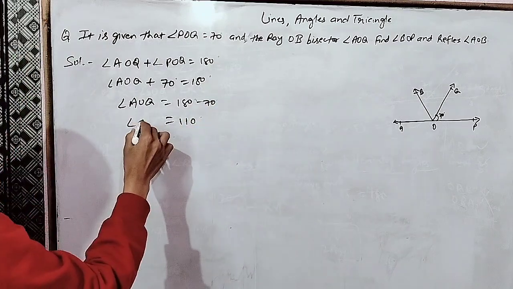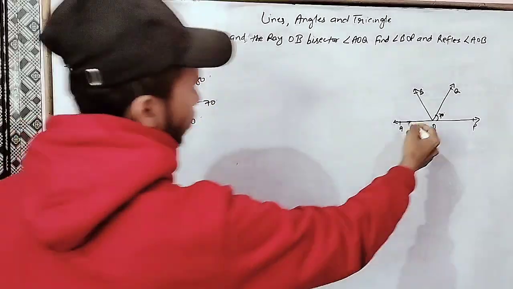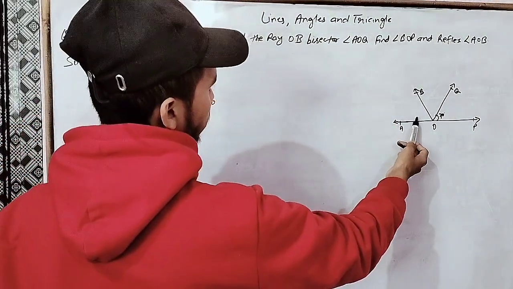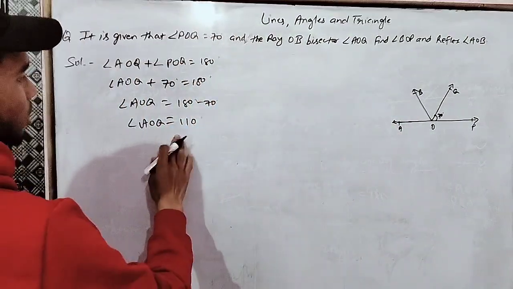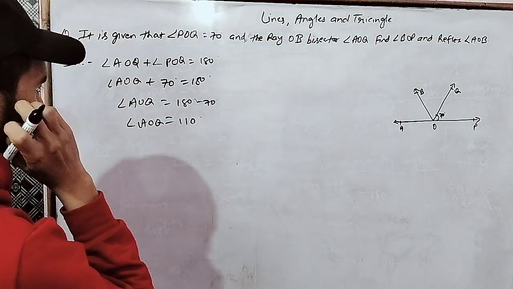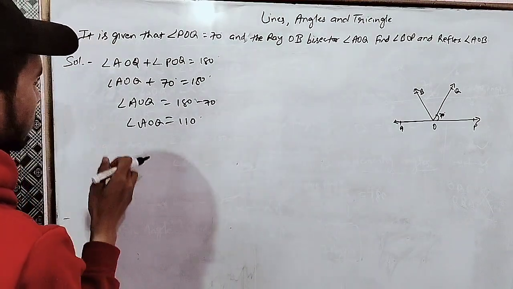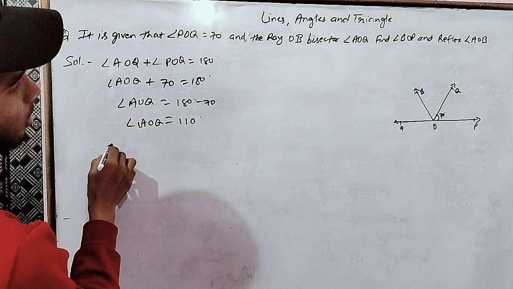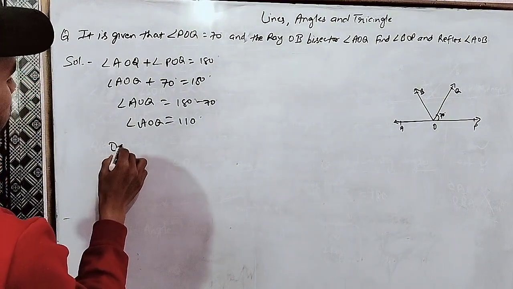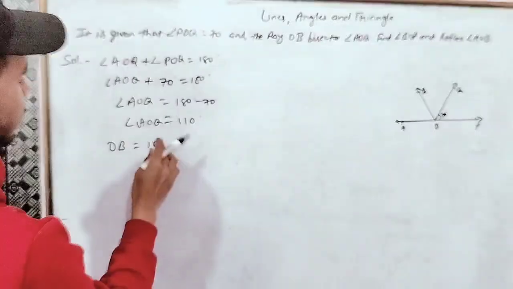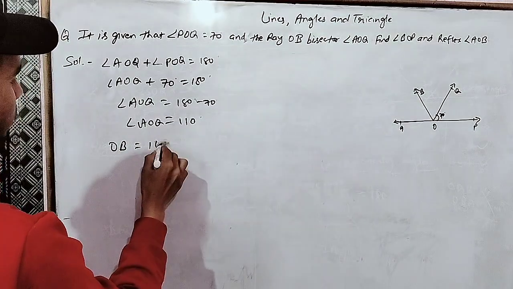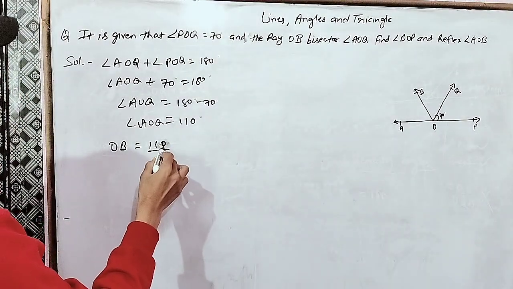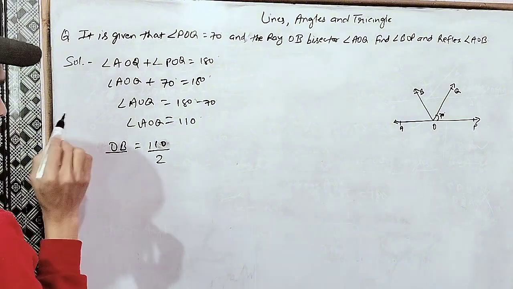This is the value of AOQ. Now we have to find out the value of this. Where is the bisect? OB, which means we divide 110 by 2 because OB is a bisect.